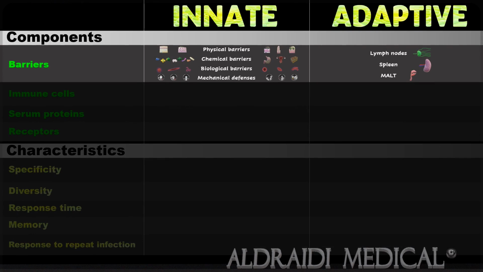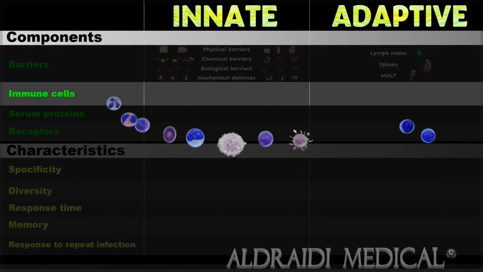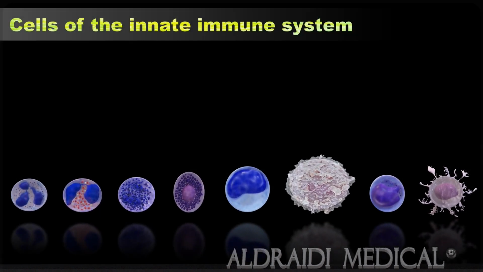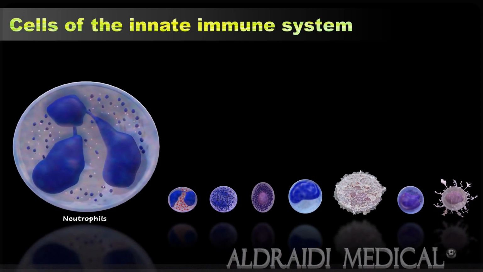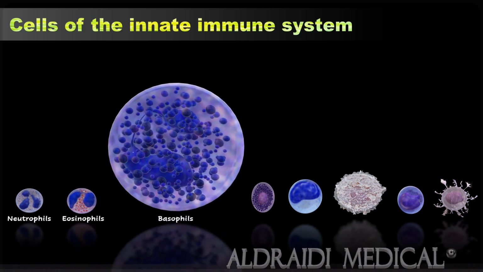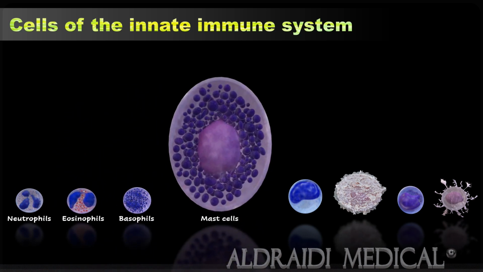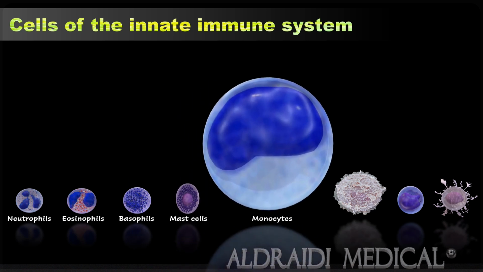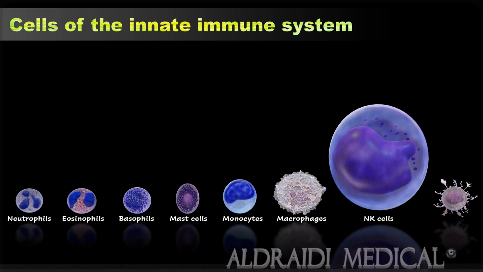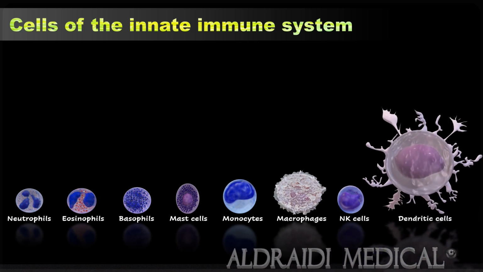Now, the second component of these two responses are the immune cells. The innate immune cells consist of a wide group of non-specific leukocytes, including neutrophils, eosinophils, basophils, mast cells, monocytes, macrophages, natural killer cells, and dendritic cells.